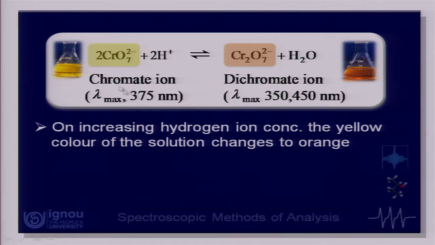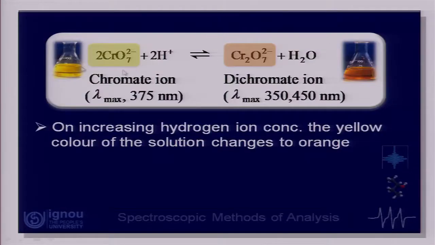We can even see here that the chromate ion has a lambda max of about 375 nanometers, whereas dichromate ion absorbs around 350 and 450 nanometers. That means there is a change in the composition of the absorbing medium. Okay. So, what happens in this case?